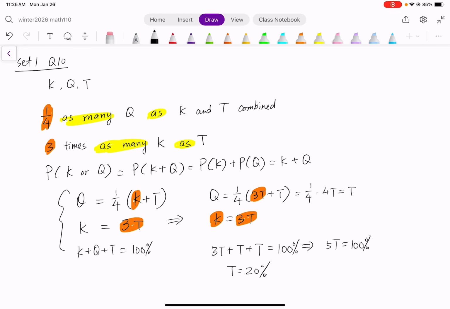Once I get t, k will become 3 times 20%, which is 60%. Queen is going to be 20%, because this is t, and this is 20%. Therefore, the answer in this case is king 60% plus queen 20%. Overall, you're getting 80% as your answer.